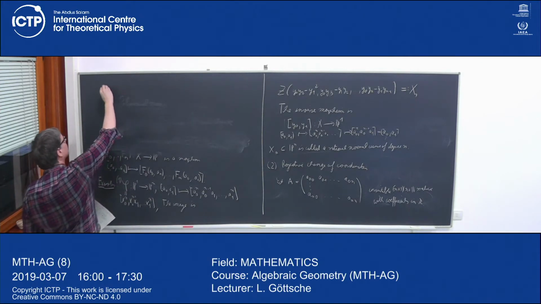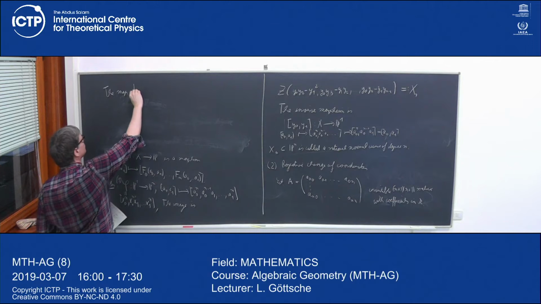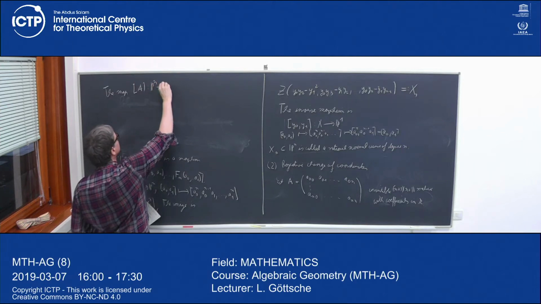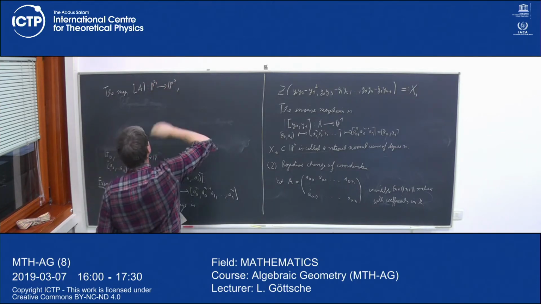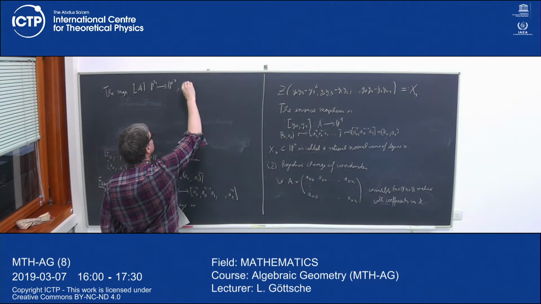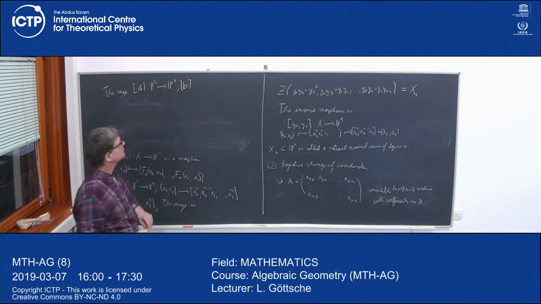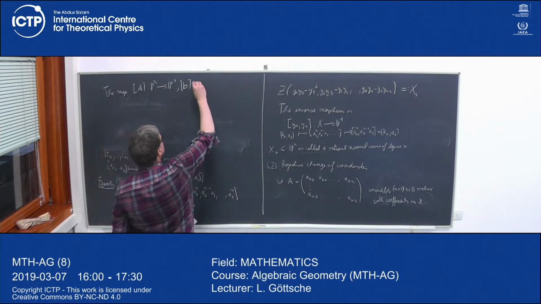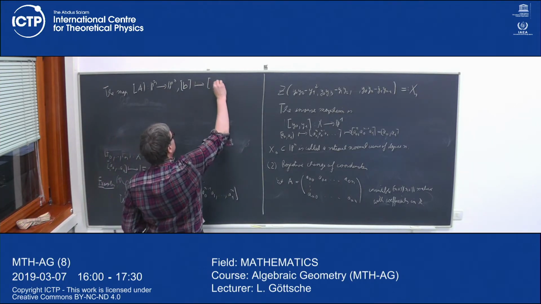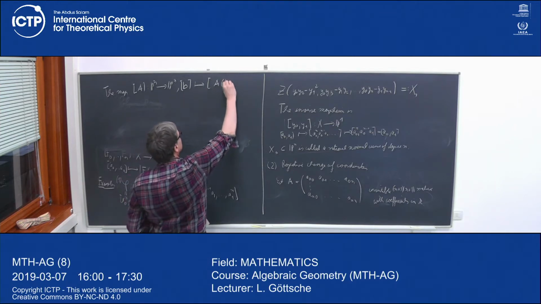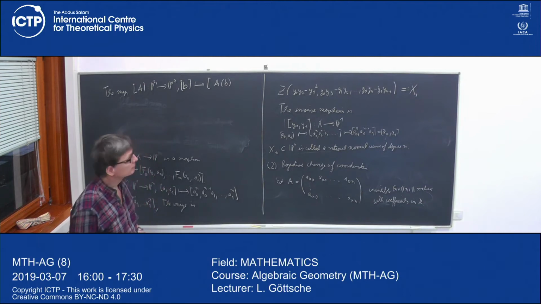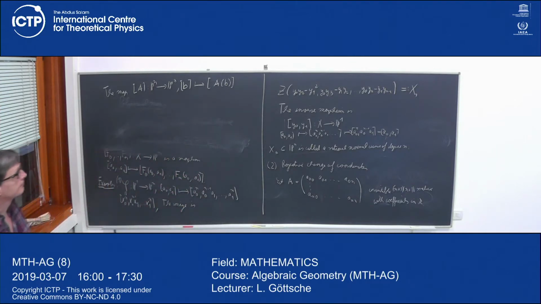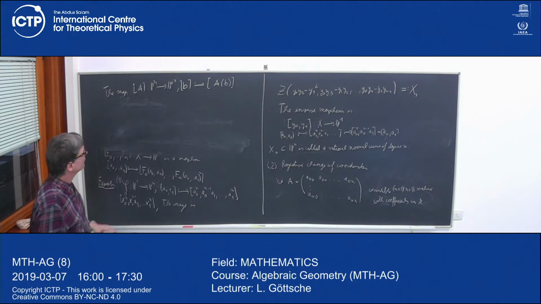We have a map, like A, from Pn to itself, which sends a vector, so if B is a vector in k^(n+1), we can take the class of the vector B, and it is sent to the class of the vector we get by applying this matrix to B, the corresponding point in projective space. So this is certainly a well-defined map.